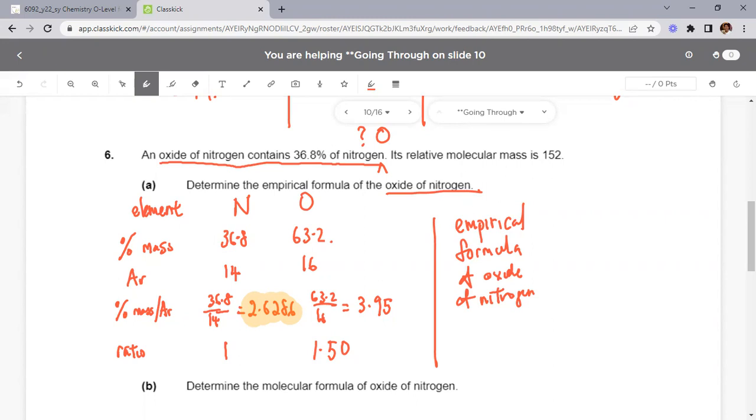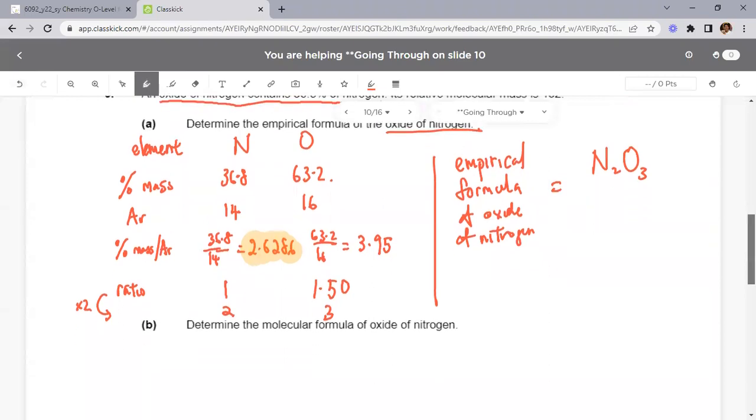So what you do is you need to take the whole thing and times 2. So this will be 2 and this will be 3. Sorry. So the empirical formula will actually be N2O3. Okay, this is the empirical formula of the oxide of nitrogen.